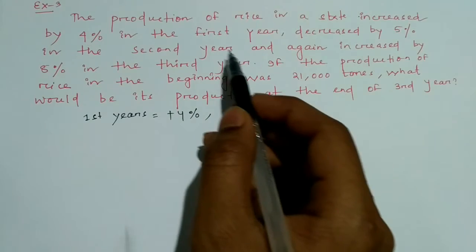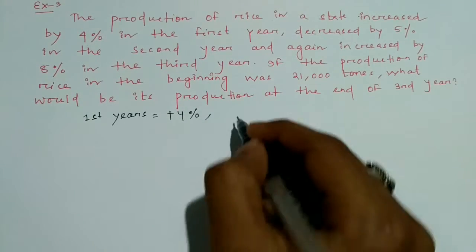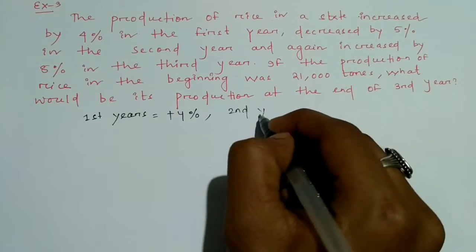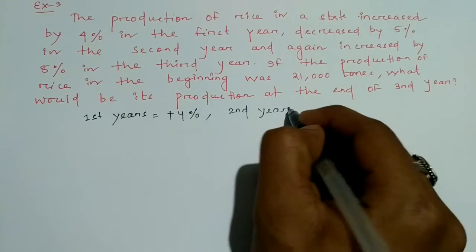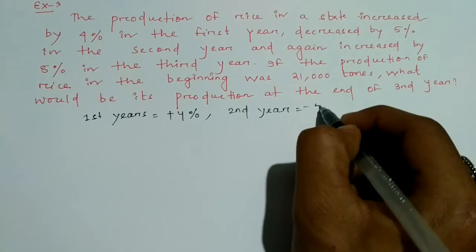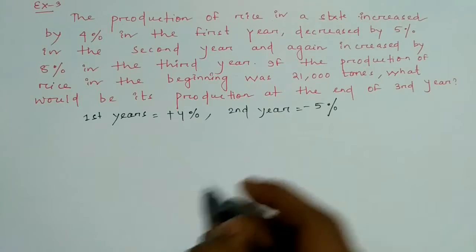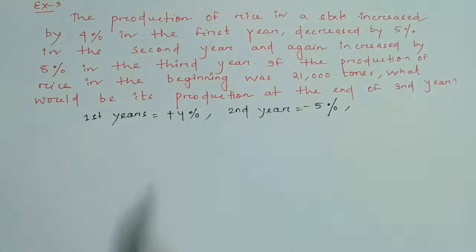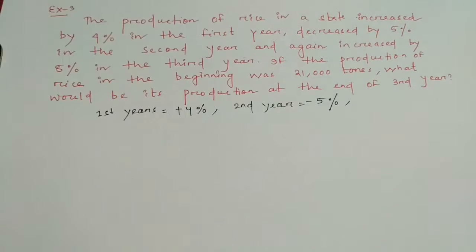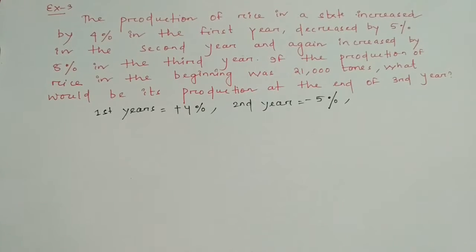And decreased by 5% in the second year. For the second year it is decreased by 5%, that is minus 5%, and again it increased by 8%.